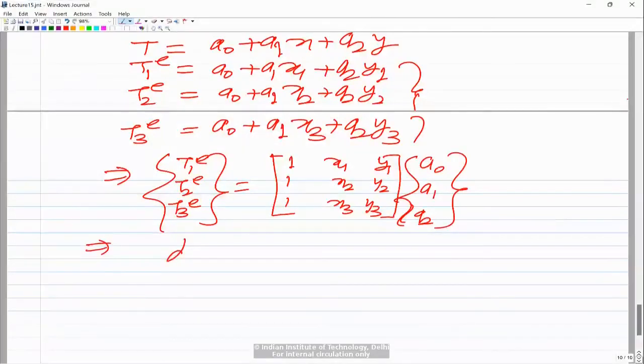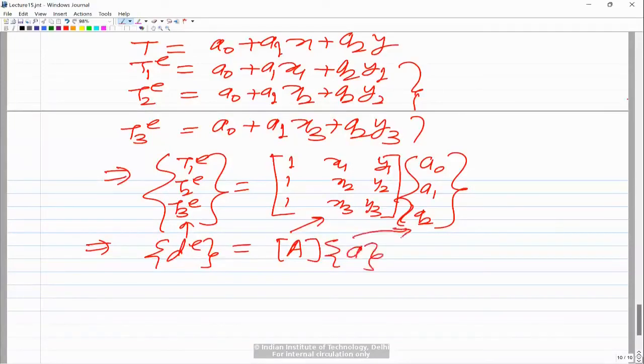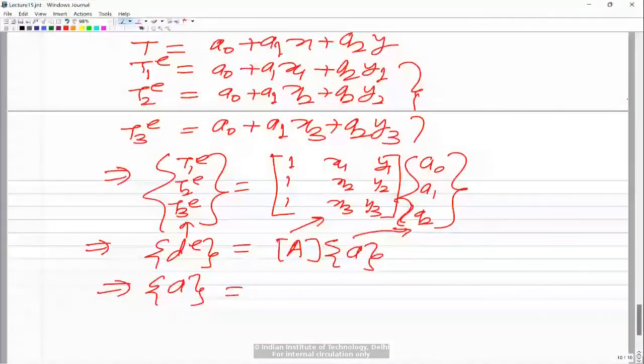Let me call this d^e, and this matrix let me call matrix A. I'm just using a notation for this, which is 1, x1, y1; 1, x2, y2; 1, x3, y3, and this set of constants a0, a1, a2 I am calling the vector a. If you pre-multiply by A inverse, you will get vector a, because we want to write the unknown constants in terms of t1e, t2e, and t3e, that is d^e.